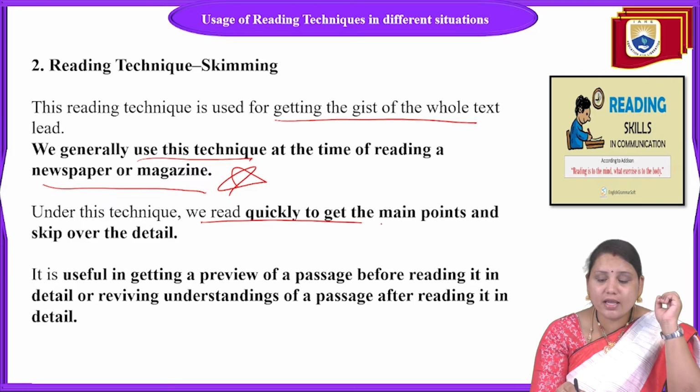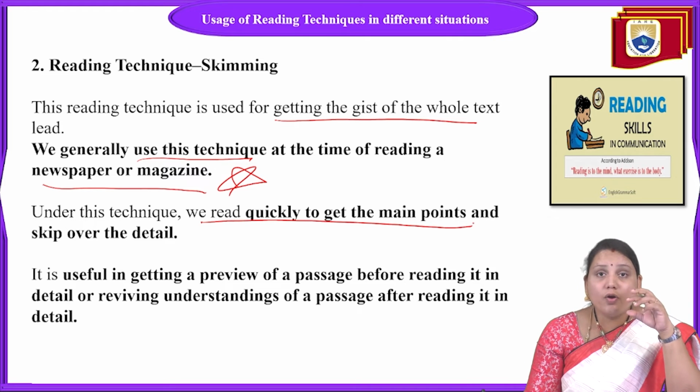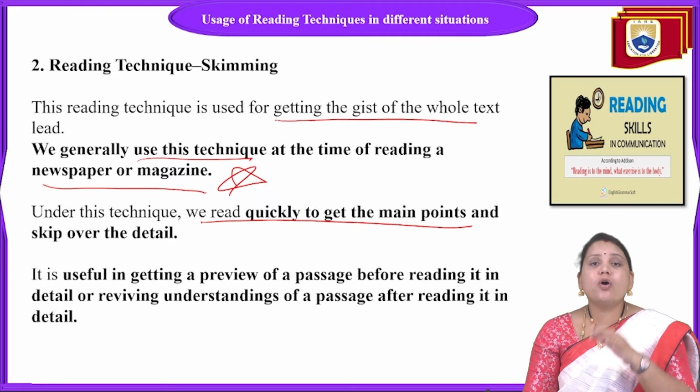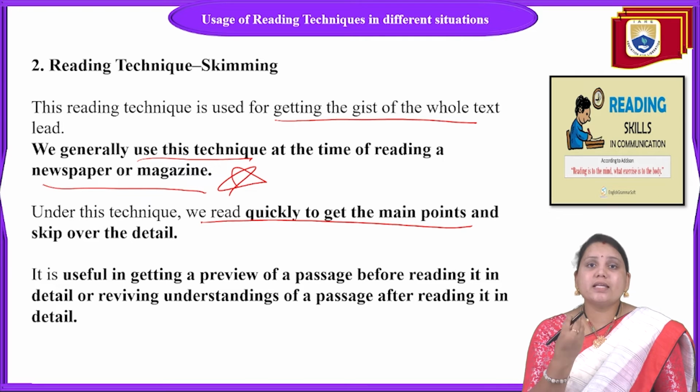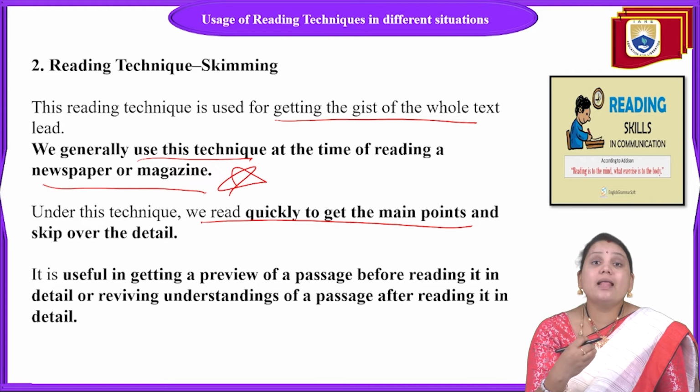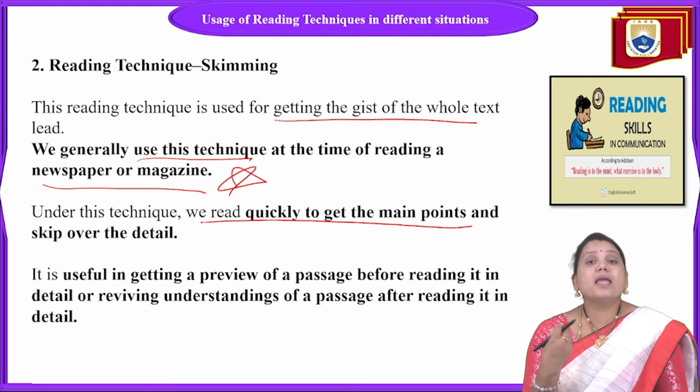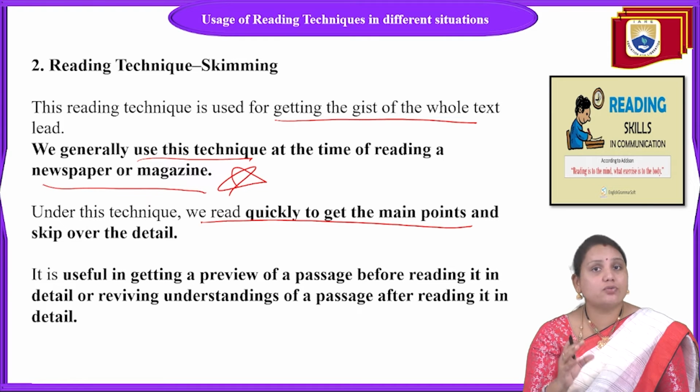Under this technique, we get to know the main points and skip over the details. So, here our focus is on knowing the main points, which are very essential in making your reading possible and catering to the purpose of that situation.